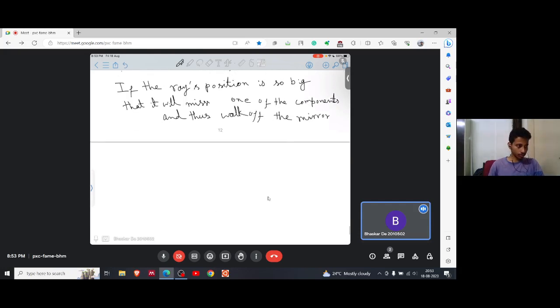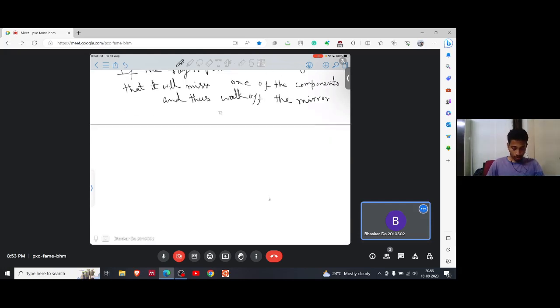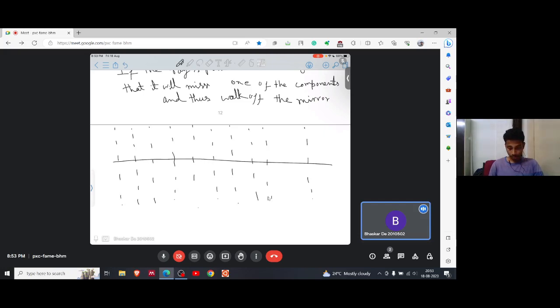So now if we constantly plot the value of R, this is the axis, and then I am just drawing the different positions.